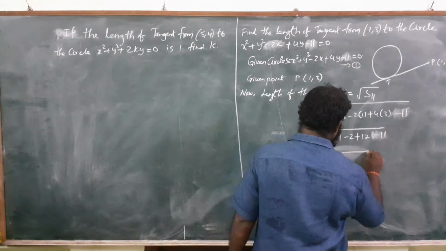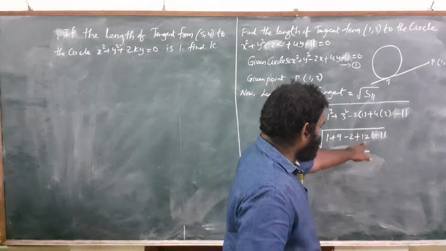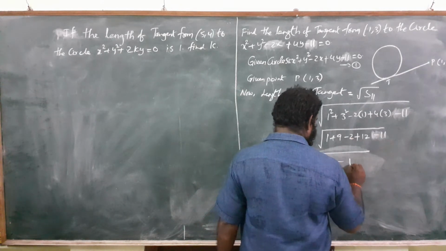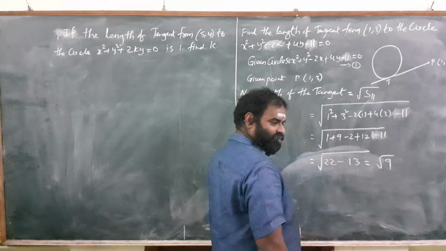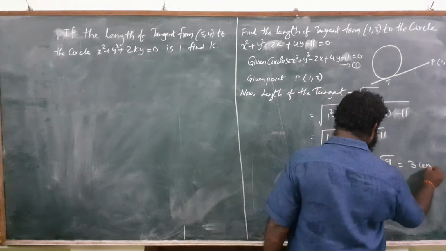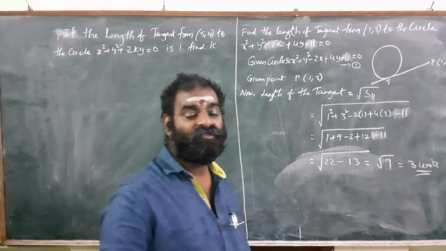Now you have to calculate: 9 plus 1, 10. 10 plus 12, 22. Minus 2 minus 11, minus 13. Root of 22 minus 13 is equal to 9. Root 9 is nothing but 3. So the length of the tangent is 3 units.